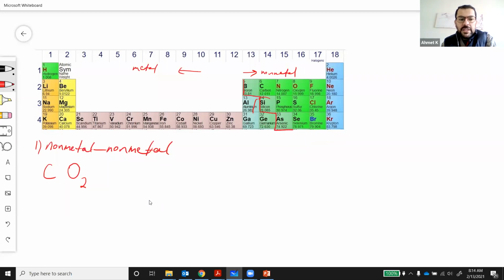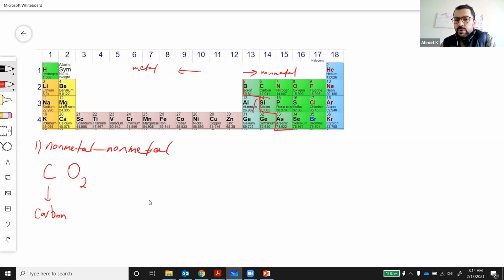The first one always preserves the name, and C is carbon. The second one, we are going to treat as an ion. Remember, an ion is a charged molecule, and the second one is always going to be an anion.